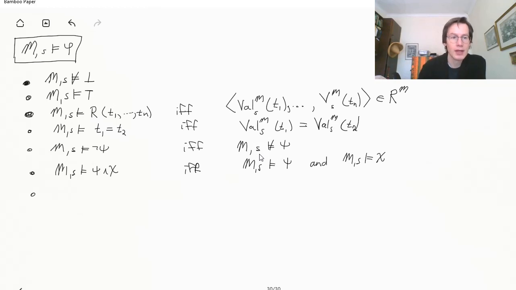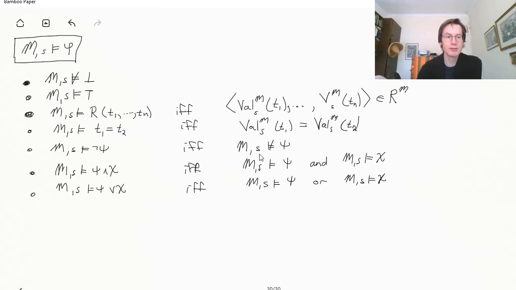The next is when my formula is a disjunction. The disjunction of psi and chi is going to be true in structure M relative to assignment S if and only if psi is true or chi is true in that same structure under the same assignment.